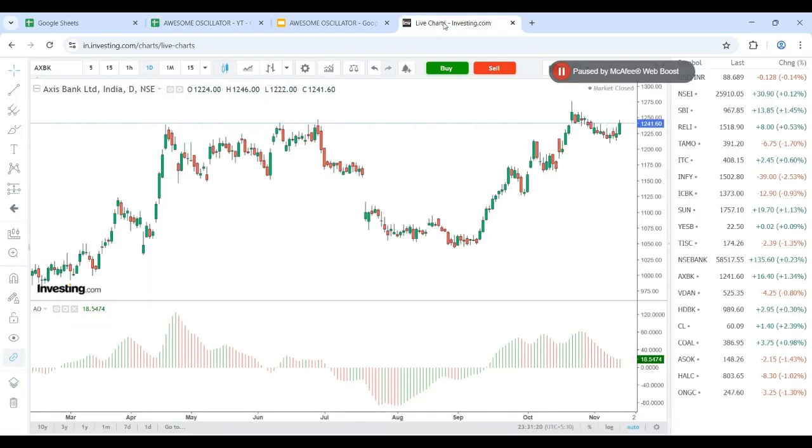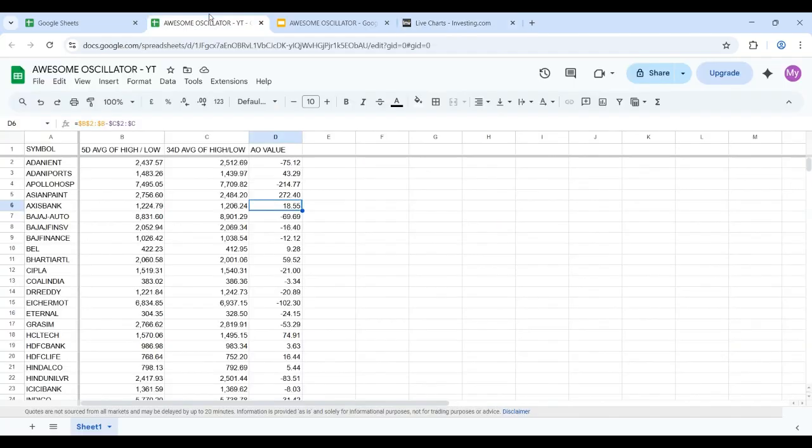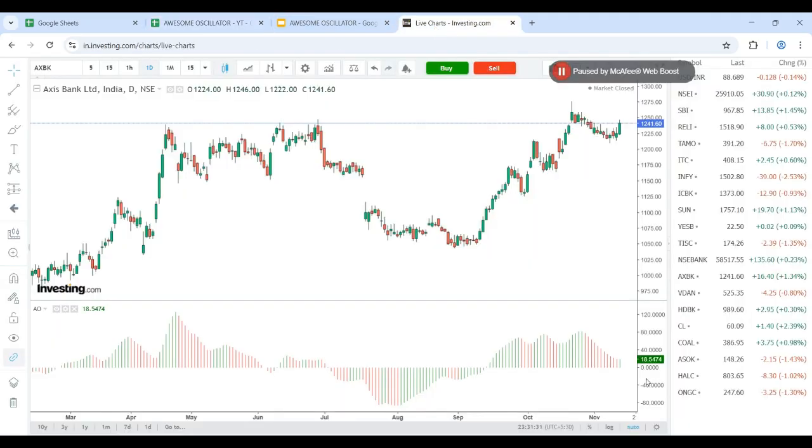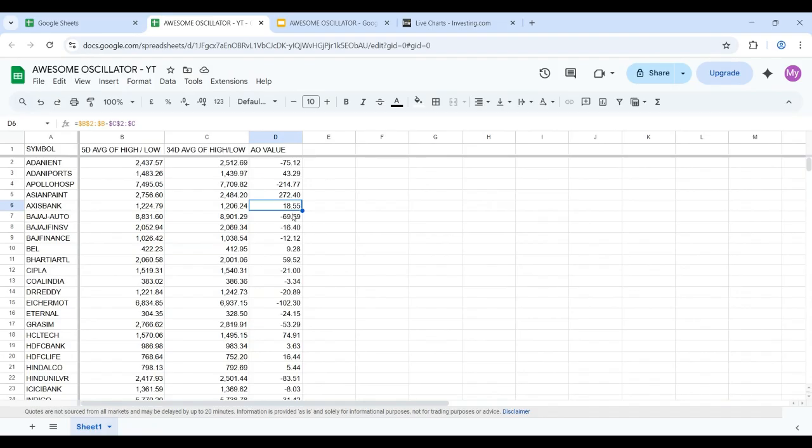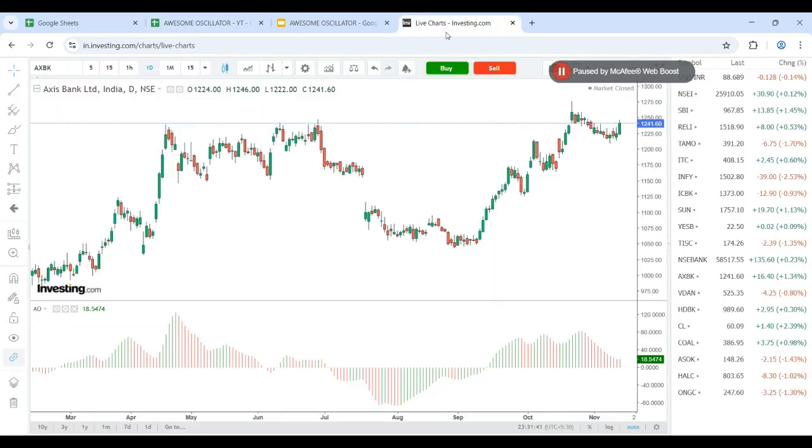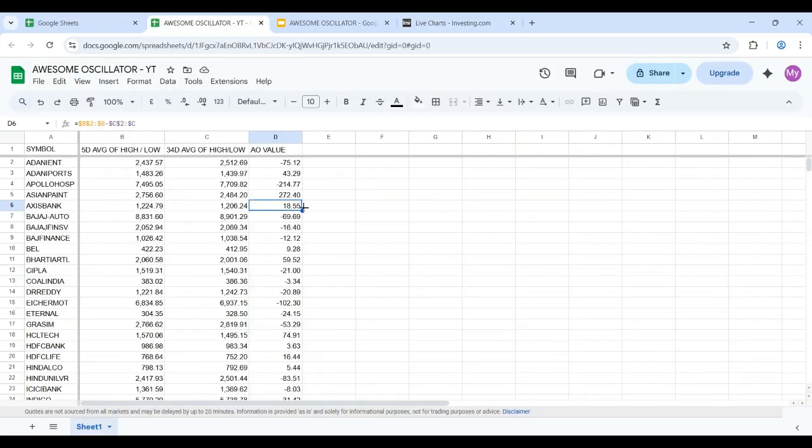Okay, 18.5474. So minus 18, sorry, it's not minus, it is plus 18.5474, 18.55. So it is correct. Here it is four decimals, here it is two decimals.